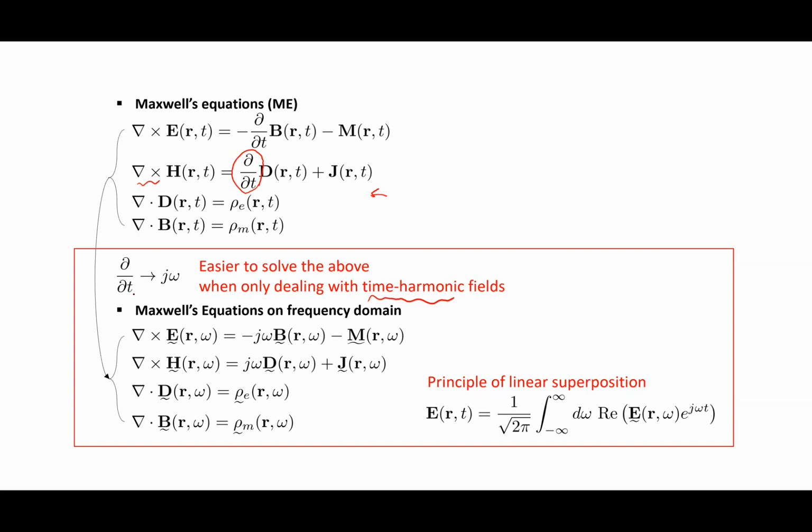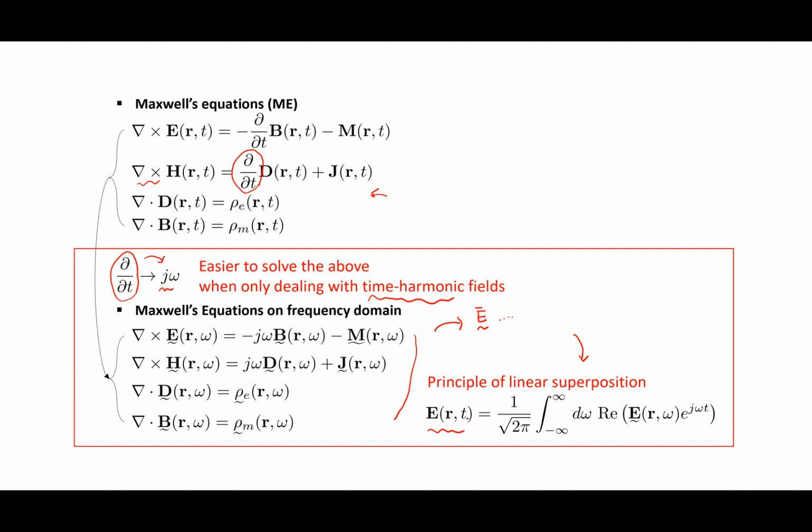Then we can represent all the fields in the phasor form, and do the math to prove that the time derivative can be replaced by j omega, which is just a multiplicative factor. By solving this phasor form of Maxwell's equations, we can obtain the phasor solution of each field, and then use the linear superposition principle to reconstruct the original solution. Okay, this is the overview of the frequency domain analysis.